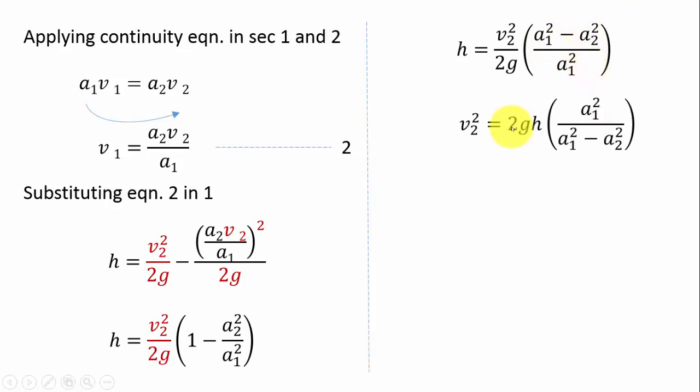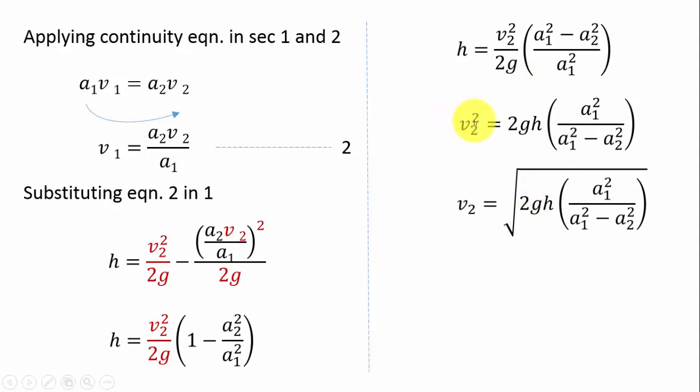Now we are rearranging this equation to have an expression for V2. So 2gh is brought to the right hand side and this is written as top side down. And then in order to remove the square, we are taking root on the right hand side. So V2 is equal to root of 2gh into A1 square divided by A1 square minus A2 square.